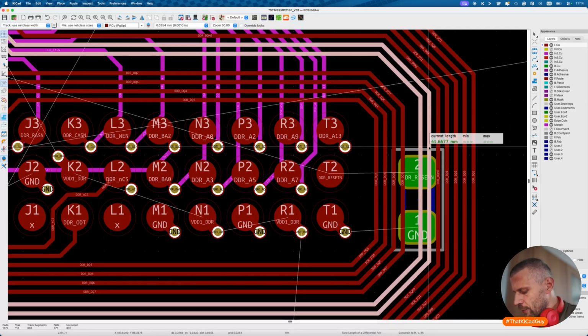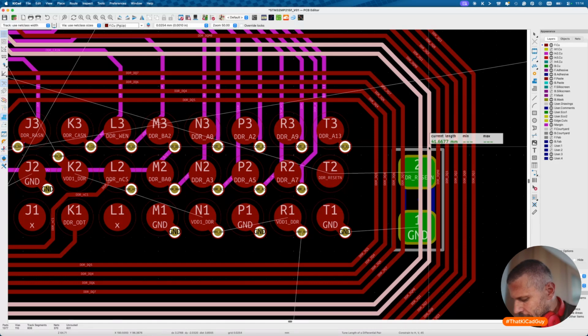So it means that if we place the clock signal to be between 17 and 42, we would be matched.